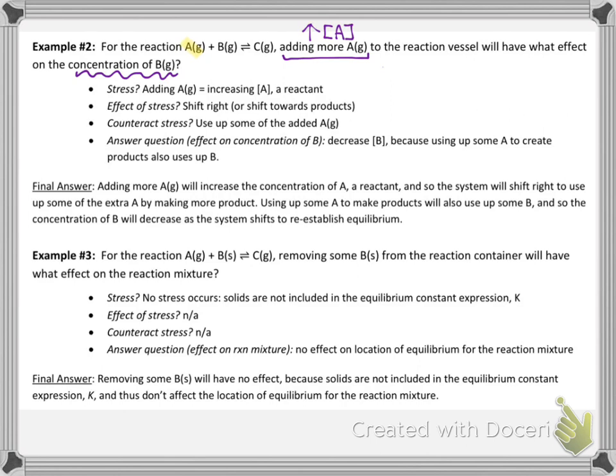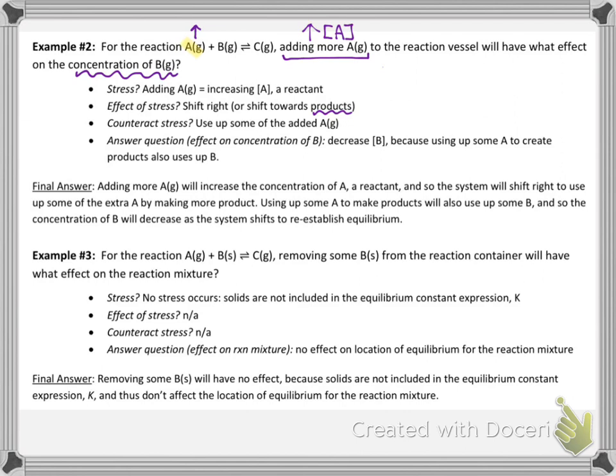So if we are increasing the concentration of a reactant, Le Chatelier says we should try to counteract that by shifting away from the thing we added, which means we're going to shift right or shift towards products to use up some of that added chemical.